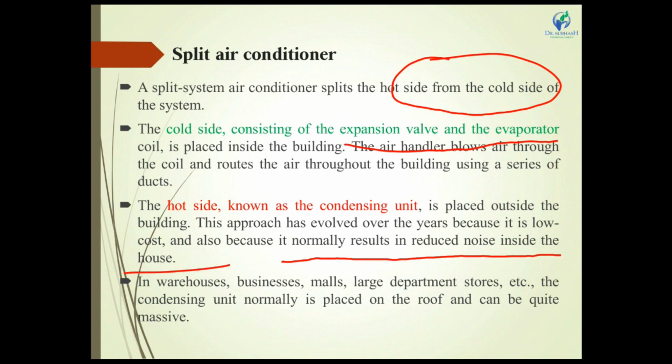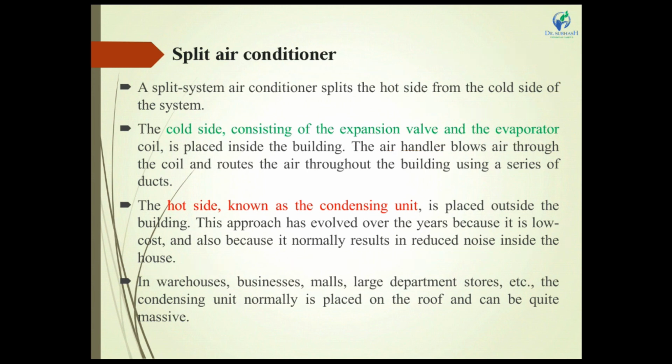The compressor works mechanically, so it creates vibration and noise. So we put the compressor outside of the room to reduce noise and vibration inside the room. This is the main function of the split air conditioning system.